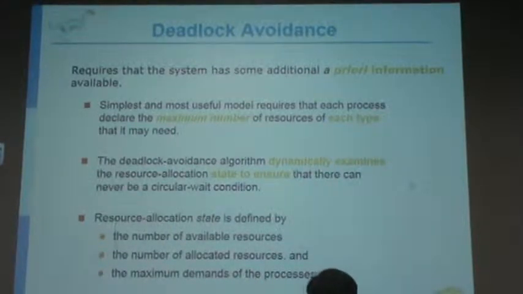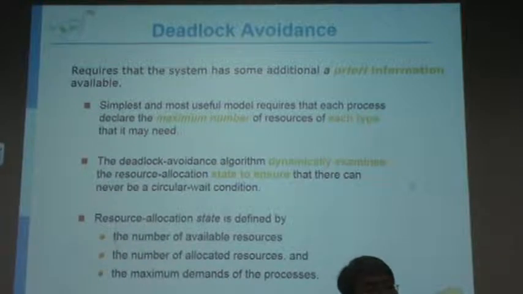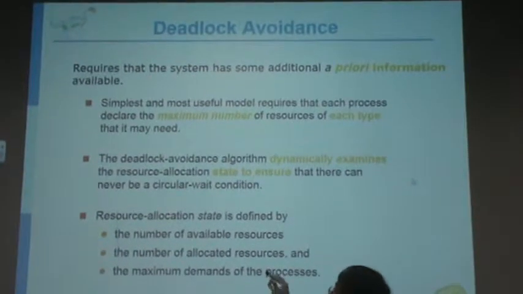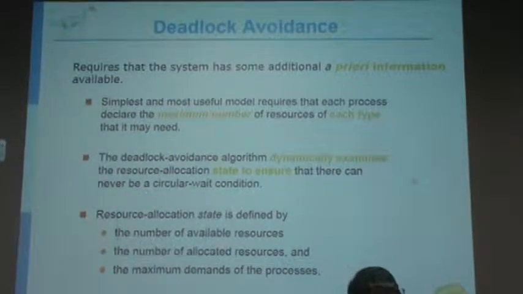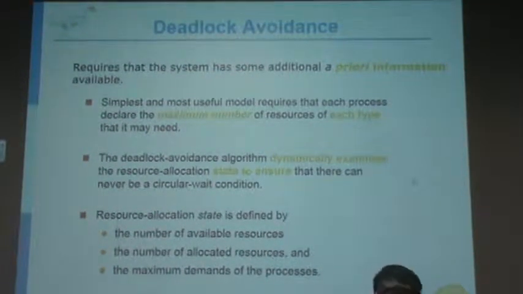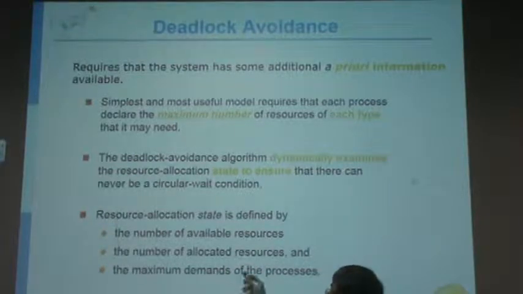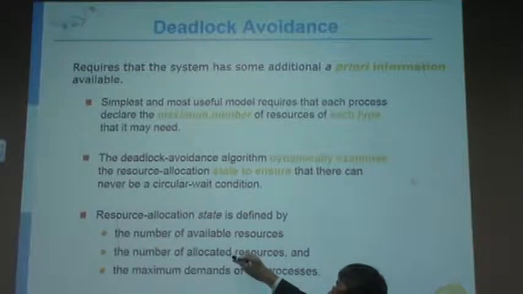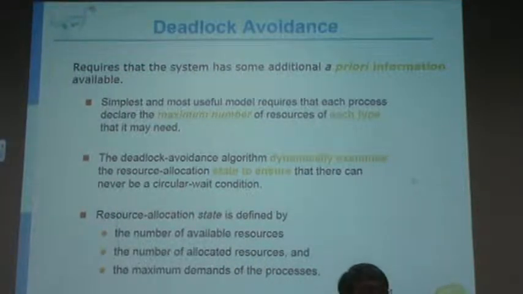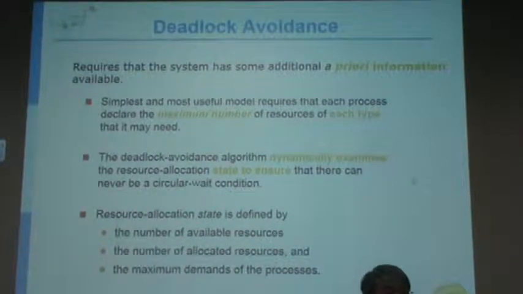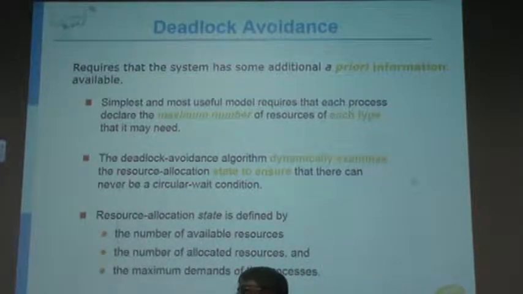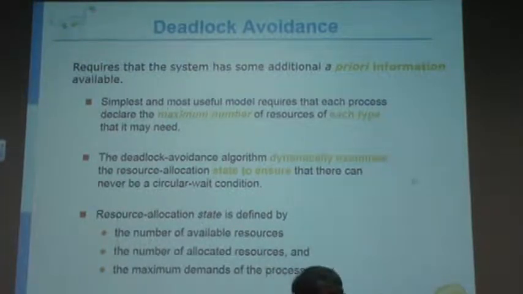For example, process 1 needs 5 hard disk drives. If you have 5 available, there might be no problem. However, when a process needs 5 hard disk drives but currently holds 3 of them and still needs 2 more, if available is just 1, you should wait until another process releases such a resource.